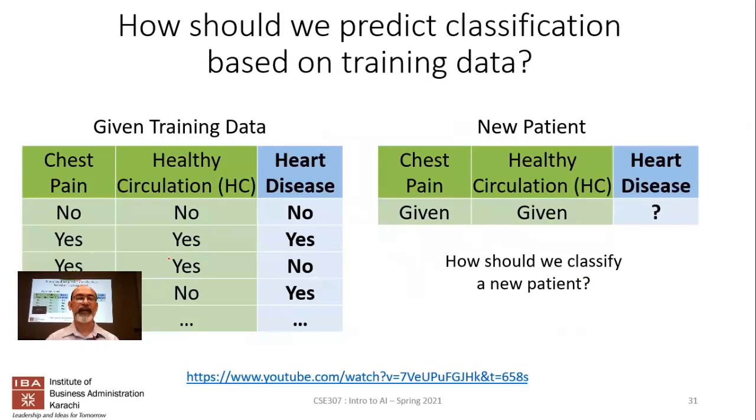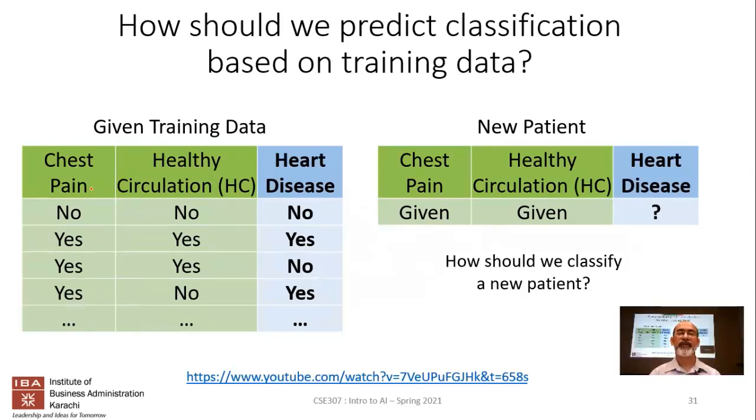So suppose that you have medical data. Okay, so this is an example where, let's say you have data from a hospital, and you're trying to predict whether somebody has heart disease or not. Okay, and you have data about chest pain and something called, let's say, healthy circulation. Okay, if the person has good healthy blood circulation or not. So in some cases you have no, and there is no heart disease.